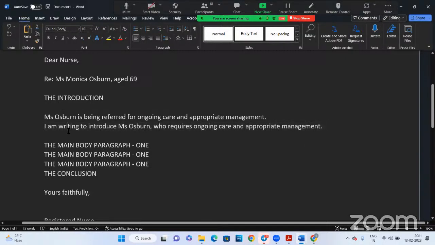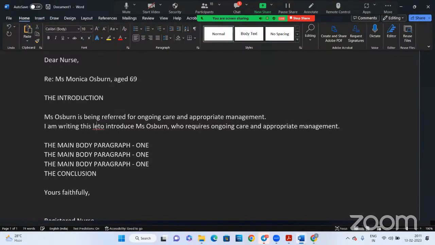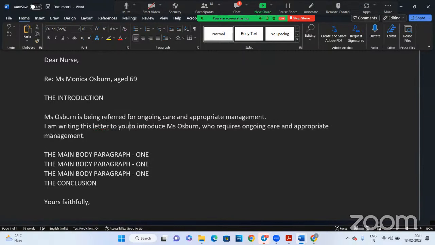And we know that you are writing a letter. There are some people who write, "I am writing this letter to you in order to introduce Miss Osborne, who requires ongoing care and appropriate management." Beating around the bush and making nonsense out of common sense.